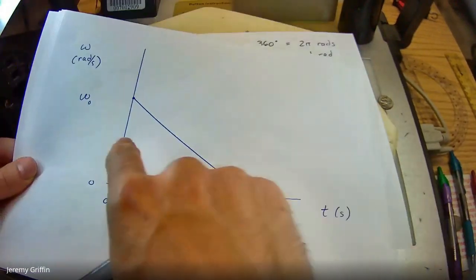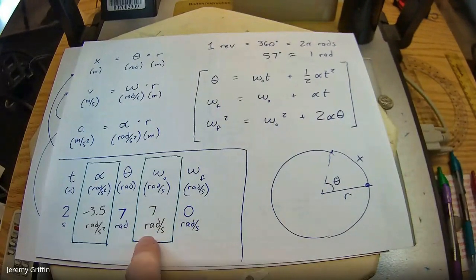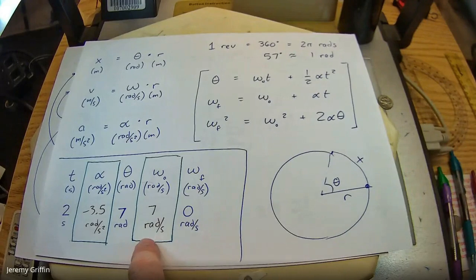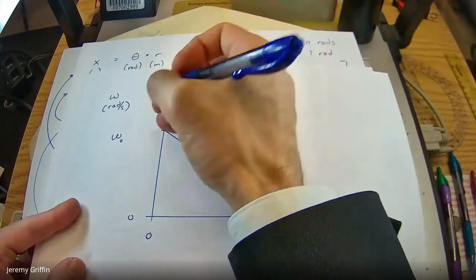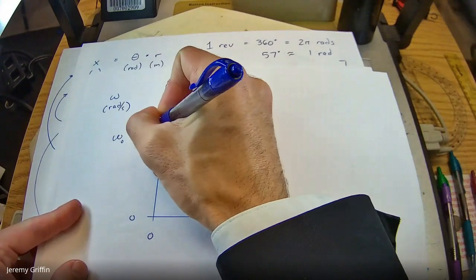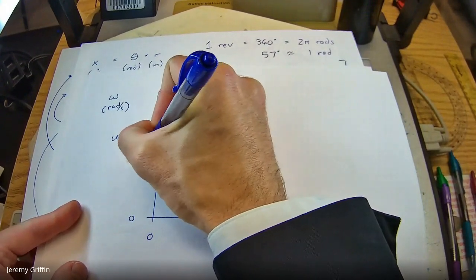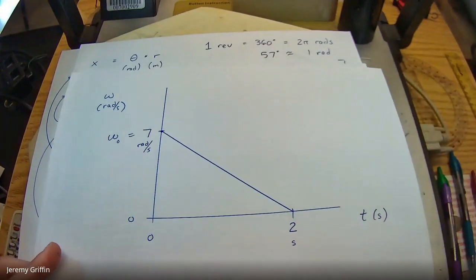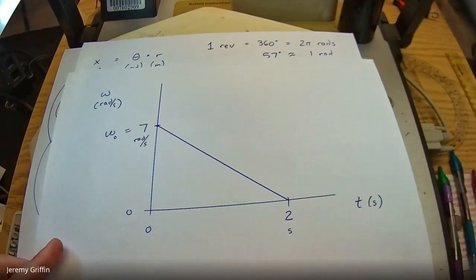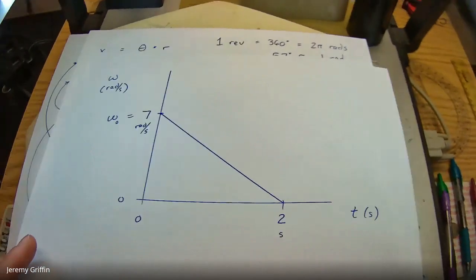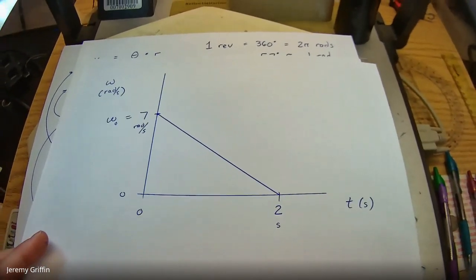Omega naught we calculated to be 7 radians per second. So this is sort of working back from the solution, although it could work the other way too. This is 7 radians per second. I'm being redundant with those units because they're already specified in the axes. What property of that graph tells you alpha?